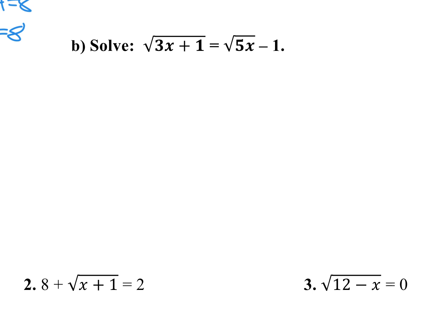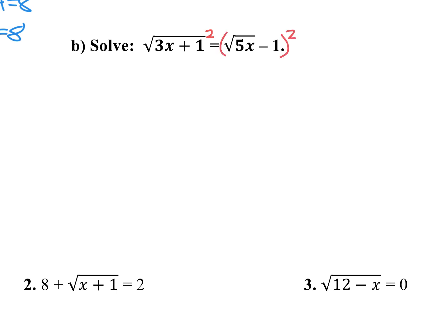All right, so with problems that have 2 radicals, you end up having to raise both sides to the power of the index. You have to do that twice. So first, I notice that one of the radicals is already isolated, so I can raise both sides to the power equal to the index.